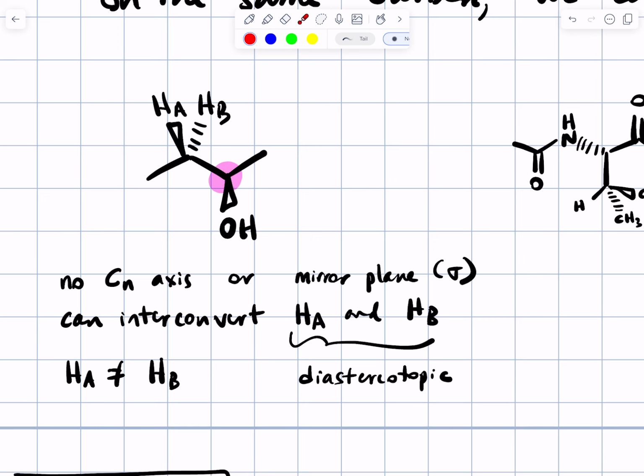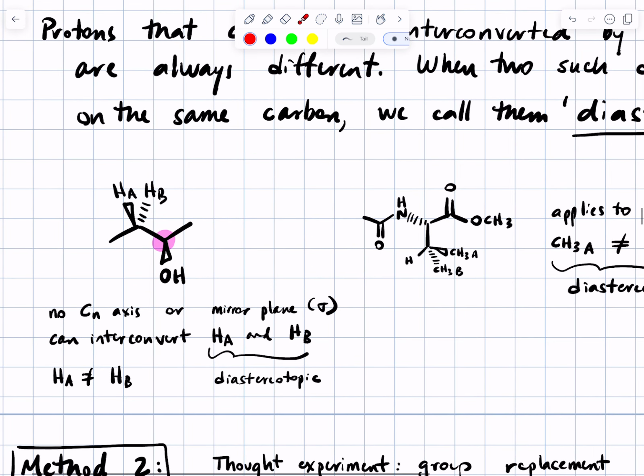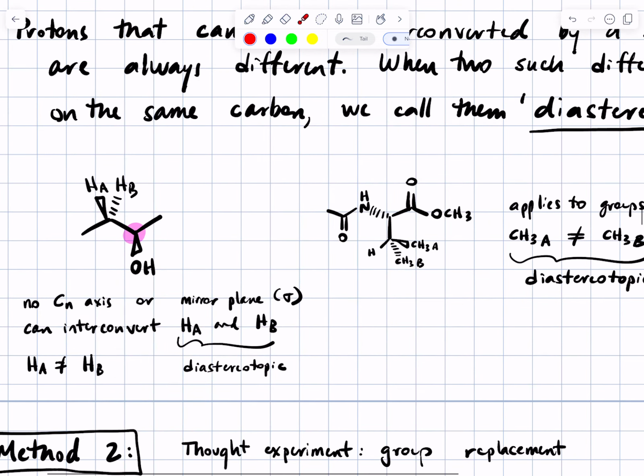Do you see how, as we've drawn it, A is on the same side of the molecule as the OH, but B is not? And no matter what you do to rotate around this carbon-carbon bond, A and B are going to see this carbon differently. So A and B are always different. Because they are on the same carbon but are still different, we call them diastereotopic.